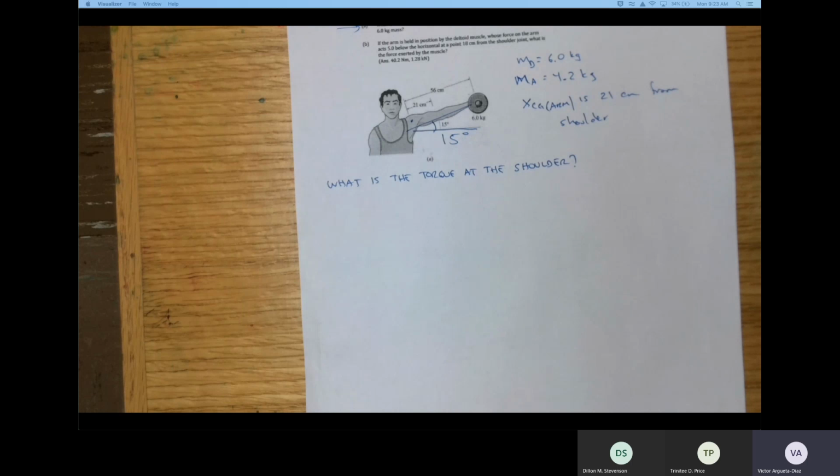So you just want to find out what is the torque on the shoulder. You want to count this torque on the shoulder. So it's not going to be zero.